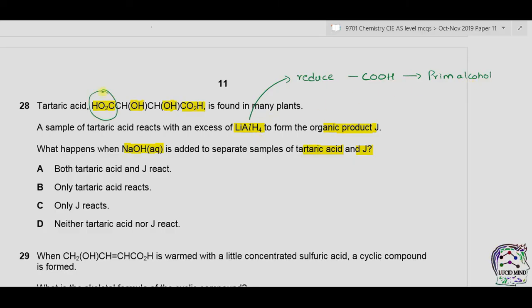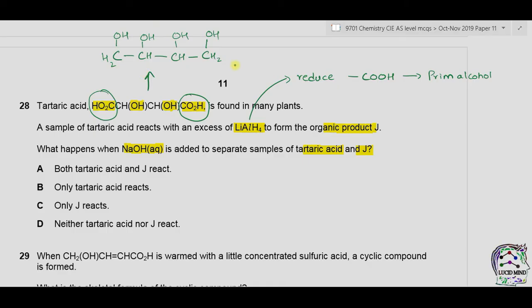As in the question, we have two carboxylic acid functional groups present, so the product formed will be like this. This will be converted into alcohol. We already had an alcohol on the second carbon and the third carbon. The fourth carbon carboxylic acid will also be converted into alcohol.